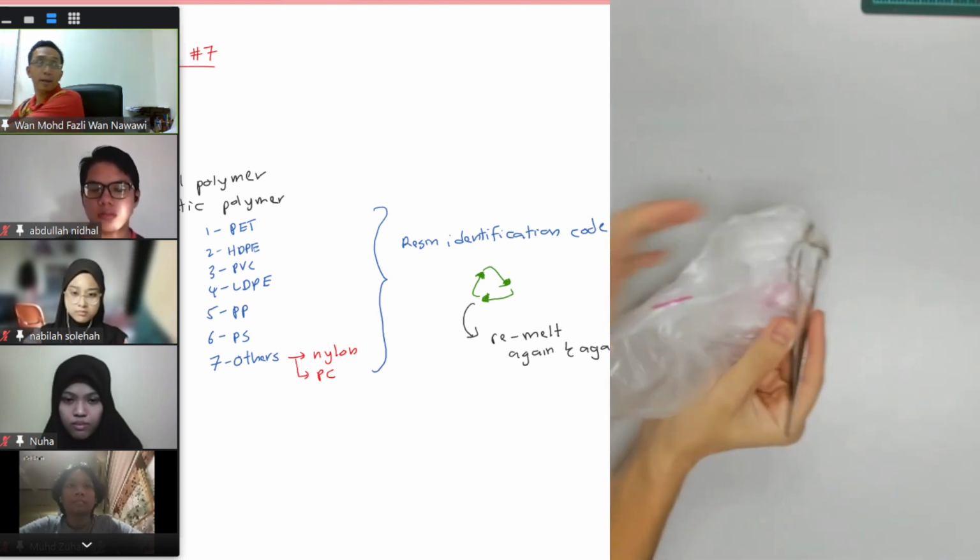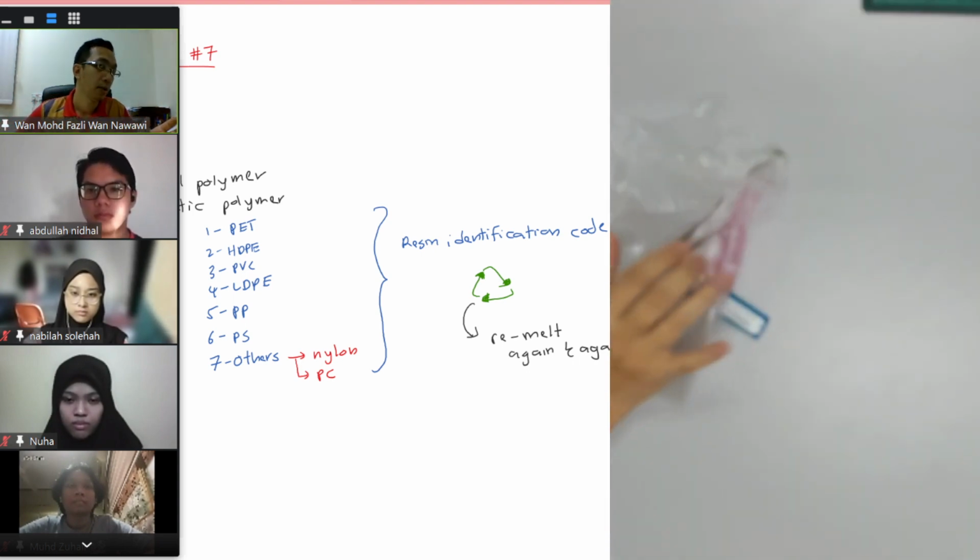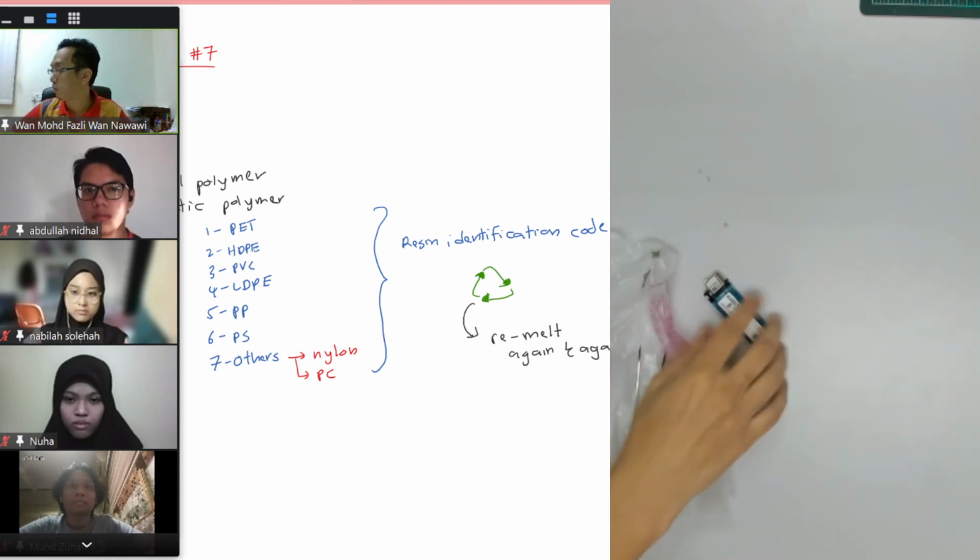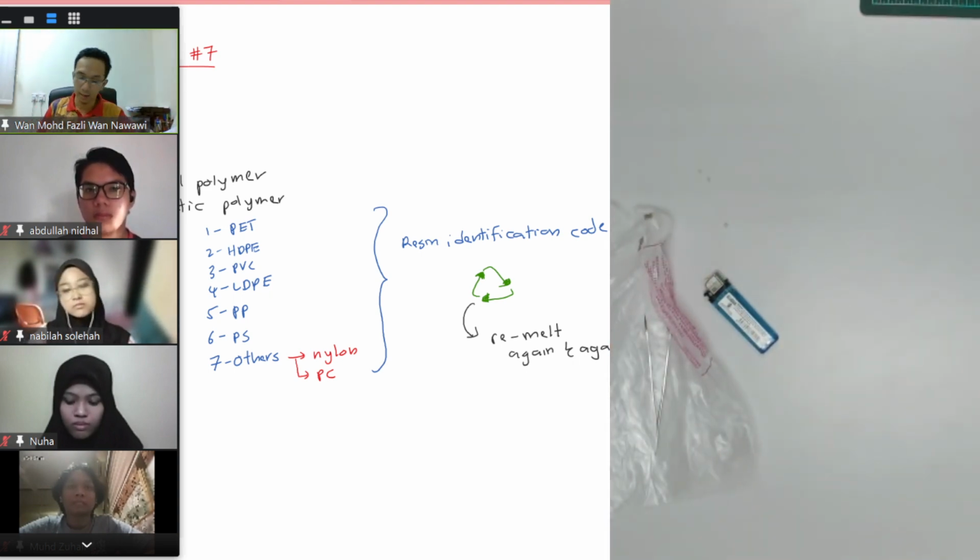If you see a black thing, when plastic becomes blackish like this, it is not melting. This is already degraded. So you need to differentiate between melting and degrading temperature.